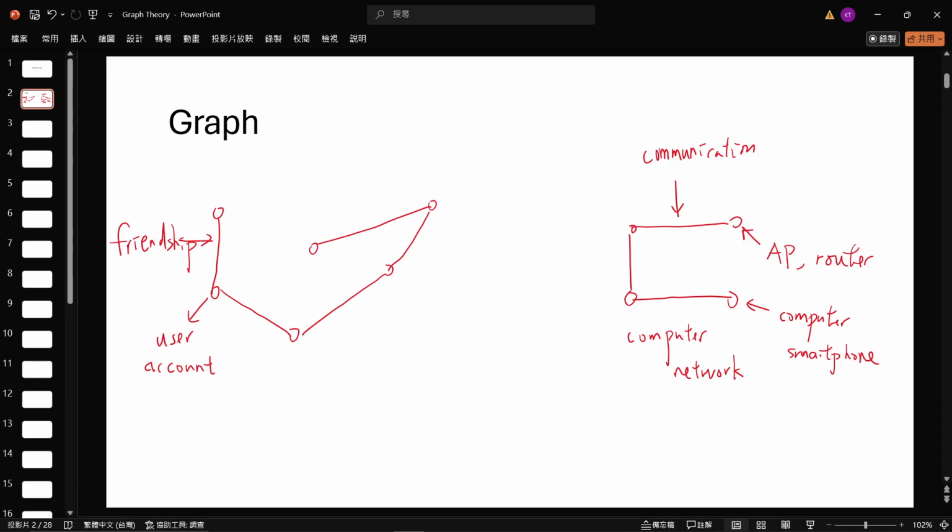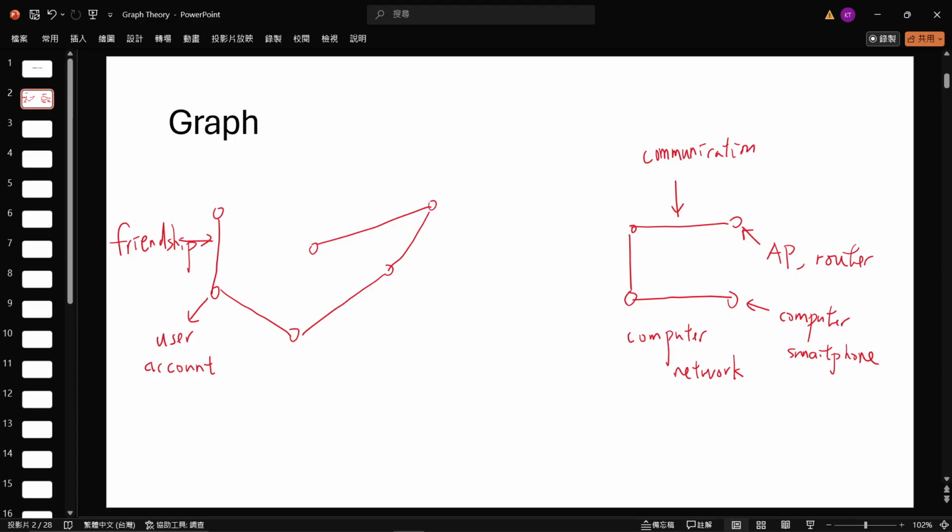Is it weak? Is there a single point of failure, right? And also you can study what is the best way to go from point A to point B, okay? If you have this information stored in a graph, then usually there will be some efficient algorithm that can compute the desired goal, okay?